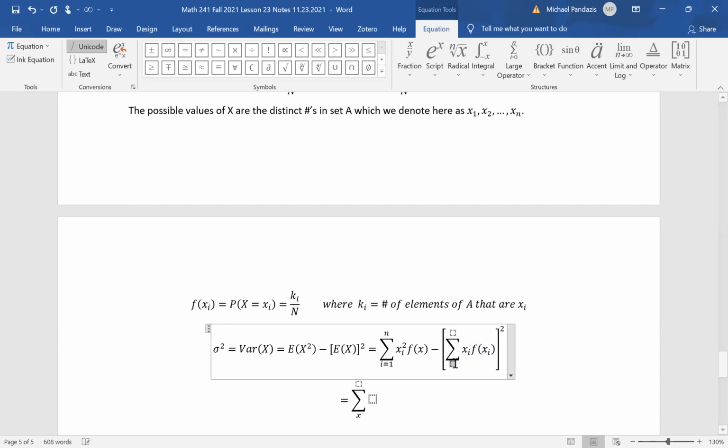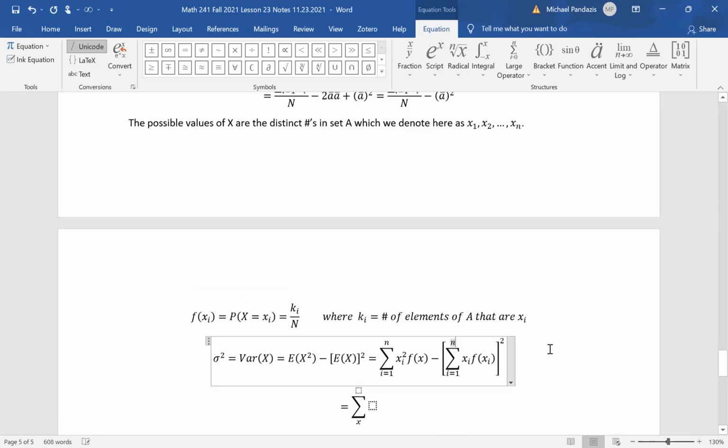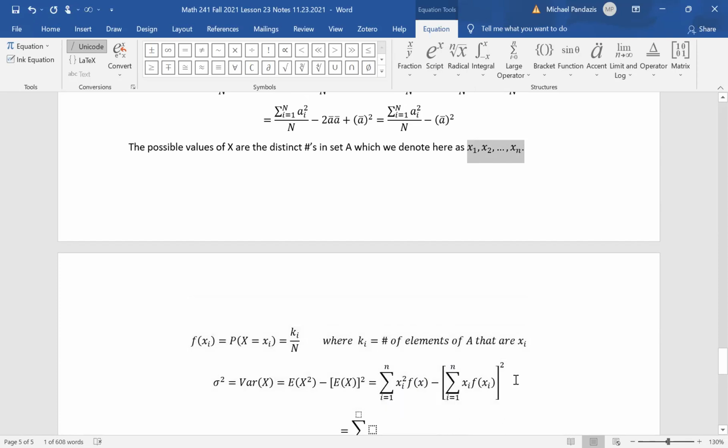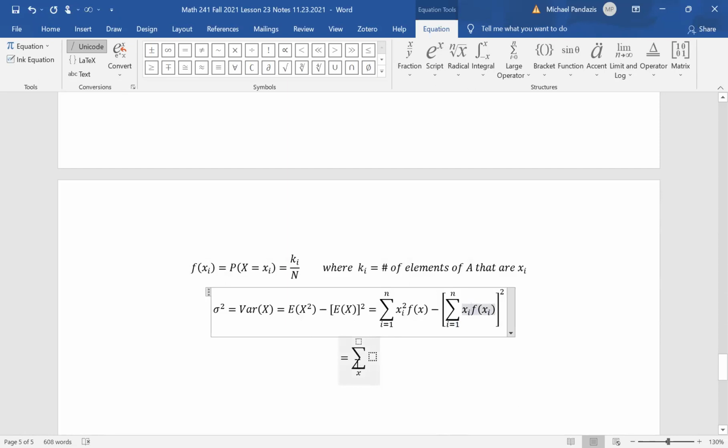I is going to be the index for the possible values of x. Remember we said the possible values in set A are x1 to xn. So I'm going to index them by that.